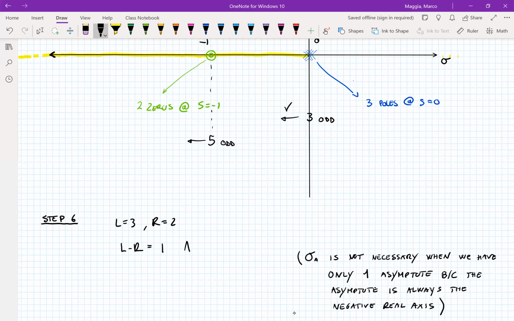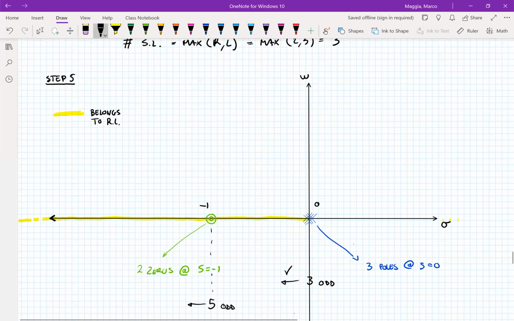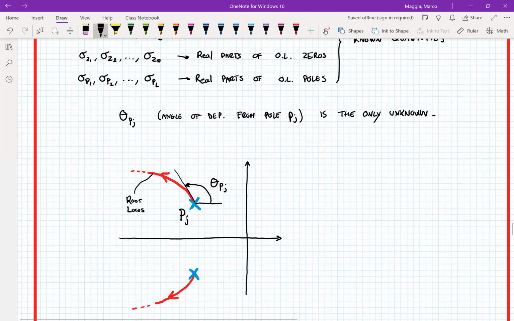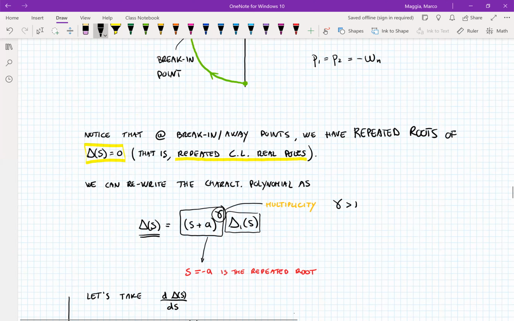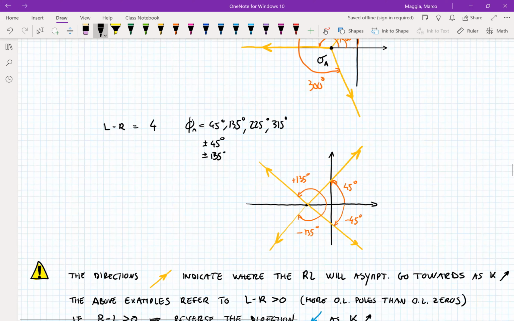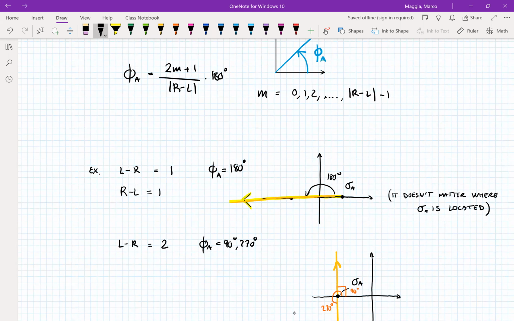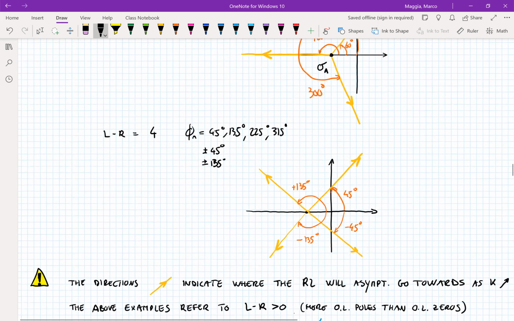So we're going to have one asymptote. And so when we have only one asymptote, if we go back to the description of the asymptotes, there we go. When we have only one of them, well, it coincides with the real axis and takes all the negative real axis.